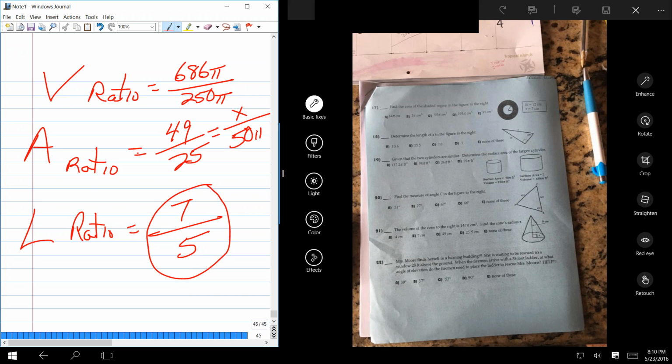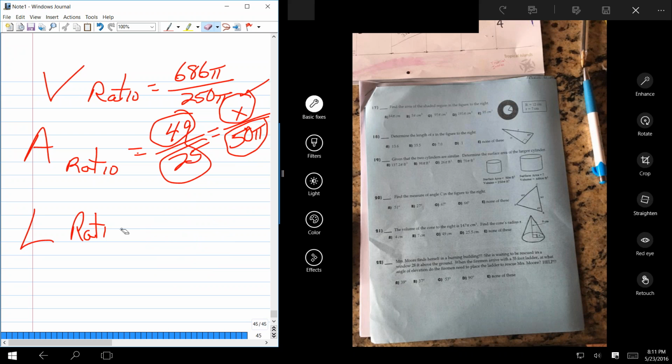So the area ratio, big to little, is 49 to 25. So the surface area, big to little, has to be our unknown. We're trying to solve for the surface area of the big cylinder over the surface area of the small cylinder. So this has to be our ratio, and now we can go from there.